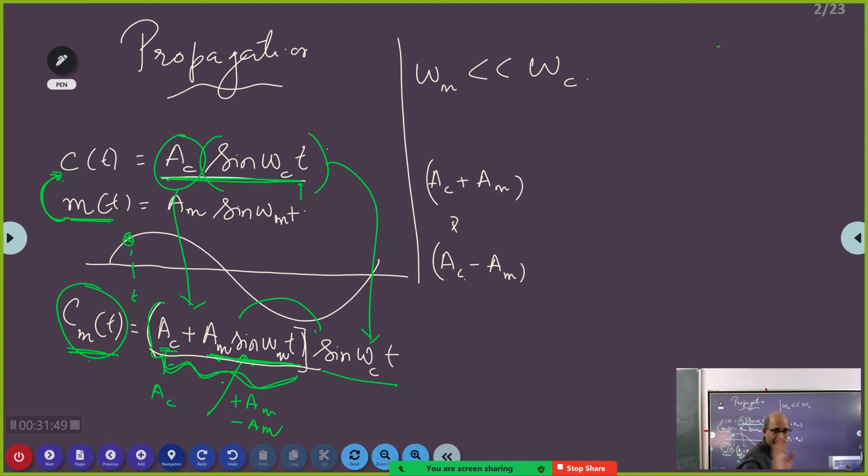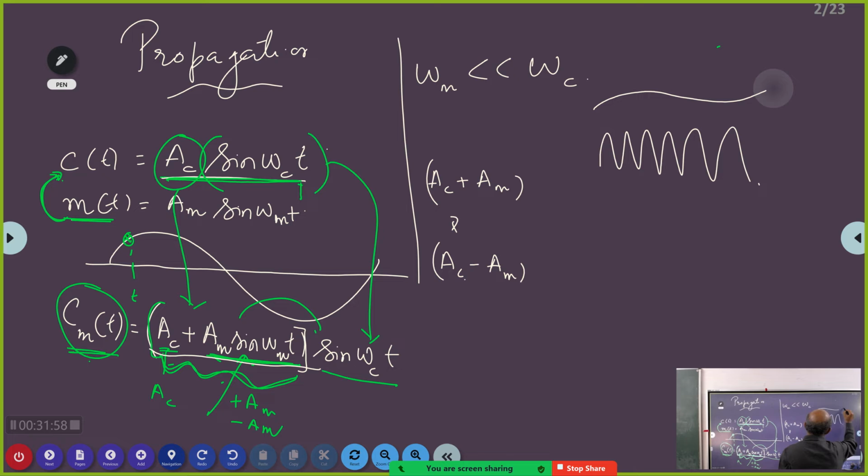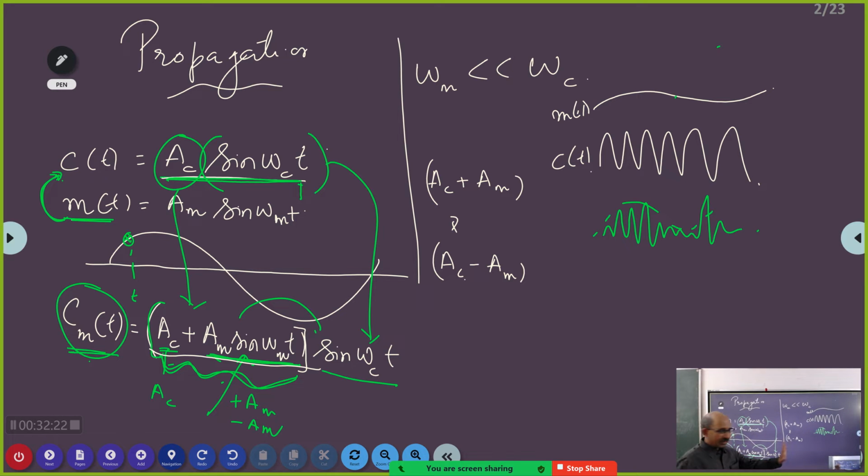In reality, you will see the initial carrier is like this, and the modulating signal is like this. This is m of t and this is c of t. The modulated signal will start looking something like this. You will see this on the oscilloscope.